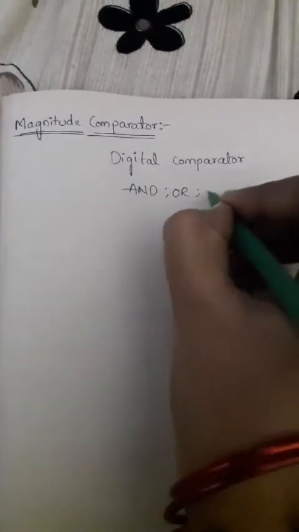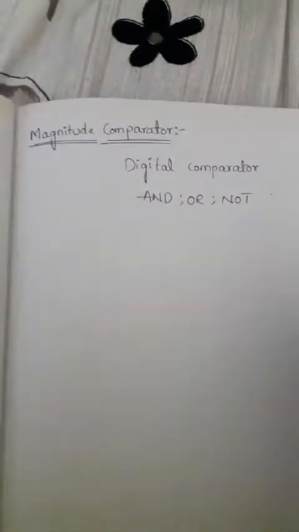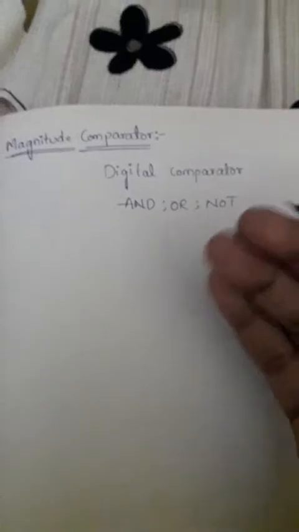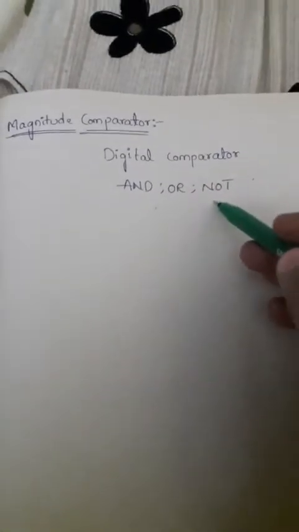Generally these digital comparators are made up of basic gates, and those gates are AND, OR, and NOT gates. Remember this point: generally the digital comparators, binary comparators, or magnitude comparators are made up of these basic gates.